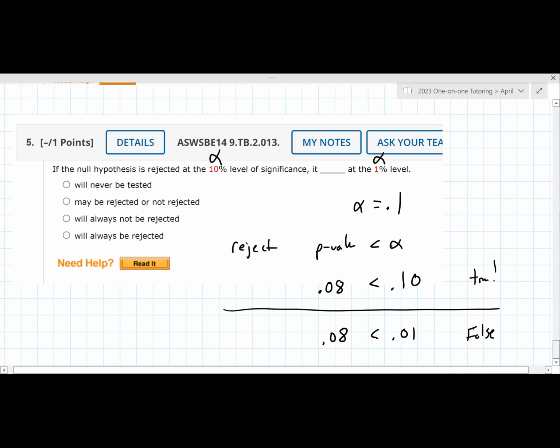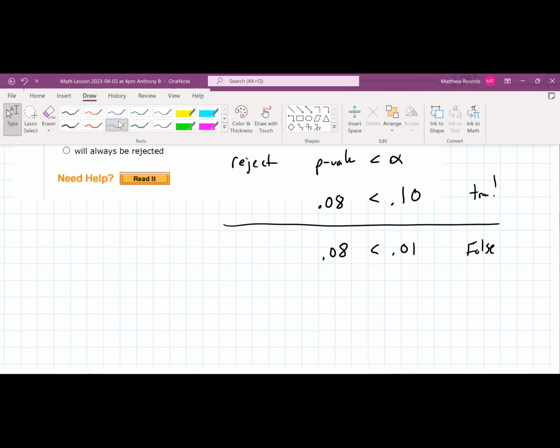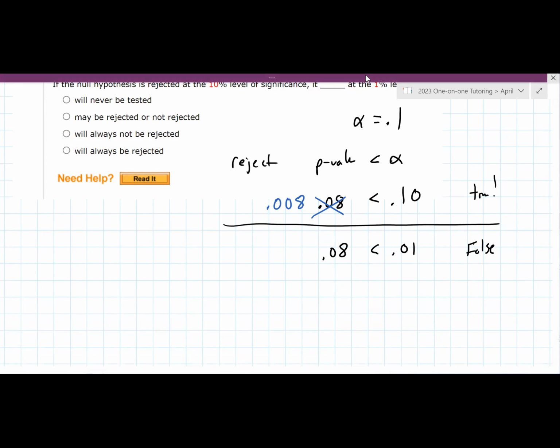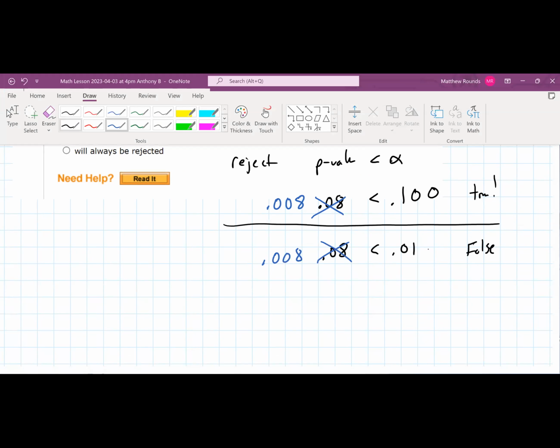But here's another possibility. Let's use different numbers. Let's say it's now 0.008. Is that less than 0.1? You just go digit by digit. Is 0 less than 1? Yes, so that's true. Now the same thing for the one down here: 0.008, is that less than 0.010?